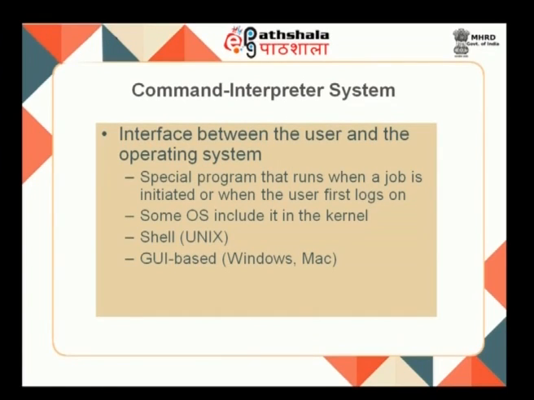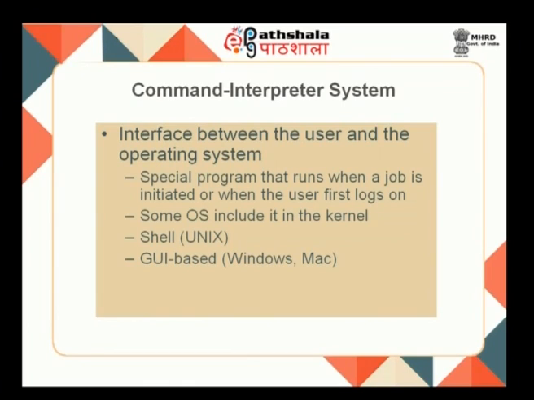And then we have the final thing, the command interpreter system. This is the interface between the user and the operating system. It can be a special program that runs whenever a job is initiated, or when the user first logs on to the system, or it can be a part of the OS included in the kernel.